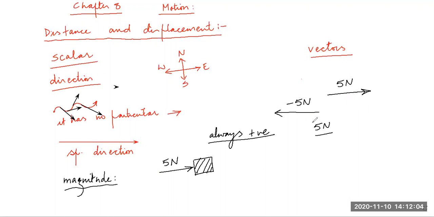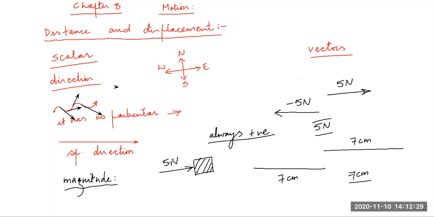Magnitude means how much of a particular quantity? Like suppose this is a straight line, let's say 7 centimeter long. Even if the straight line is drawn from here to here or from here to here, if the length is same, we say the magnitude of the straight line is 7 centimeter.